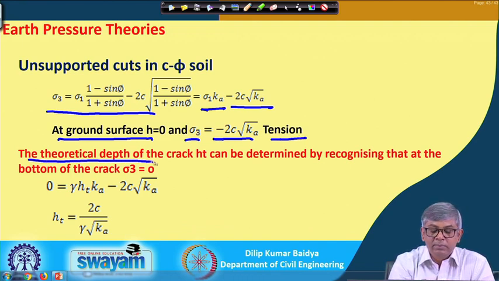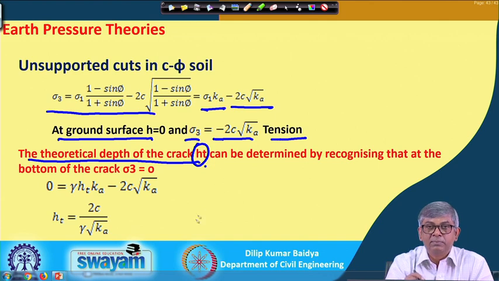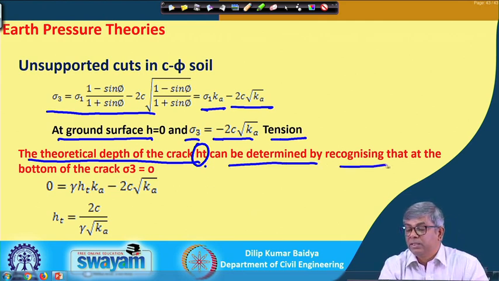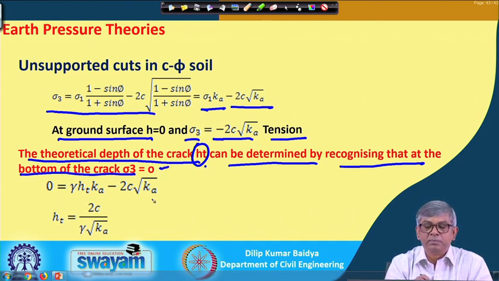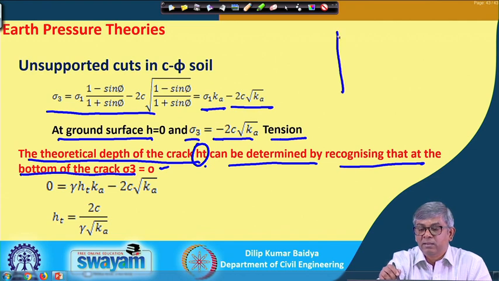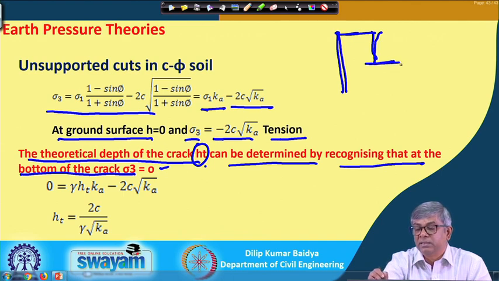The theoretical depth of the crack, which I give a different name, Ht, at which the tension crack will reach, can be determined by recognizing that at the bottom of the crack sigma 3 will be 0. This is the wall and this is the ground surface, and the crack comes something like this. So this is the depth of the tension crack.